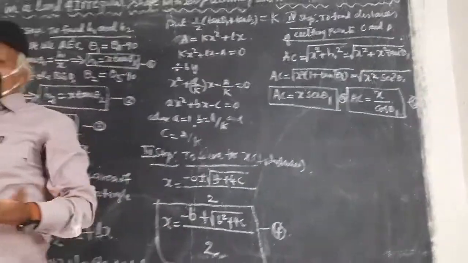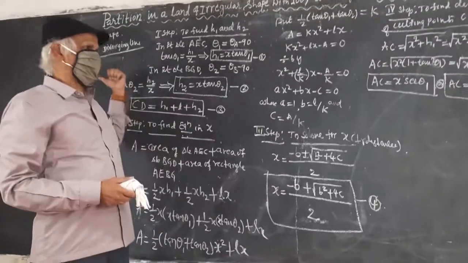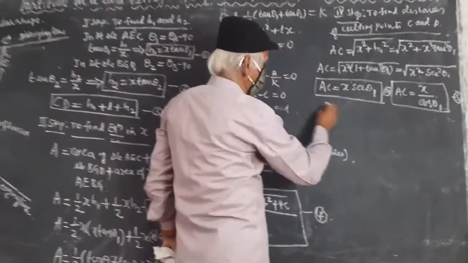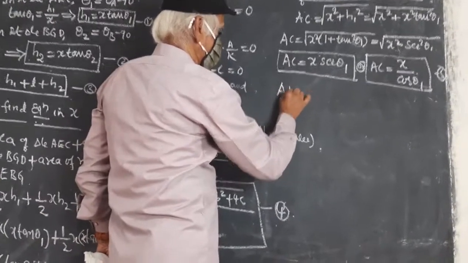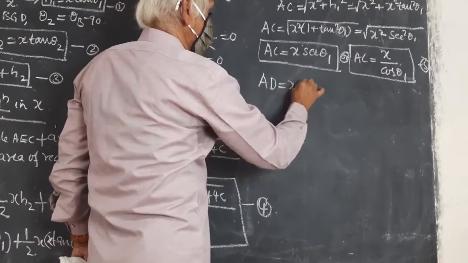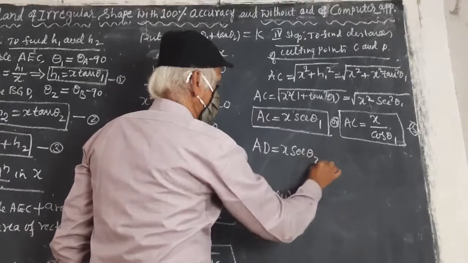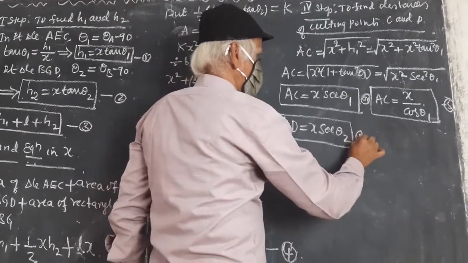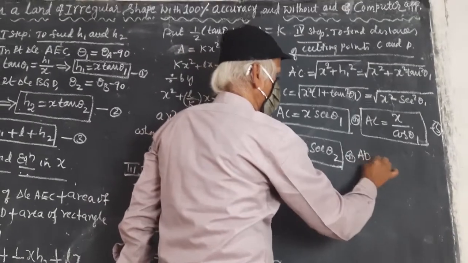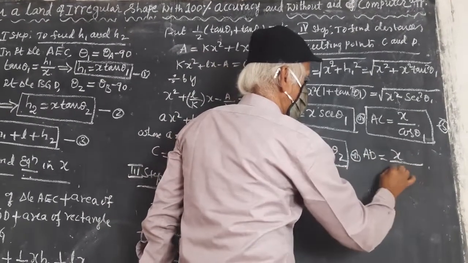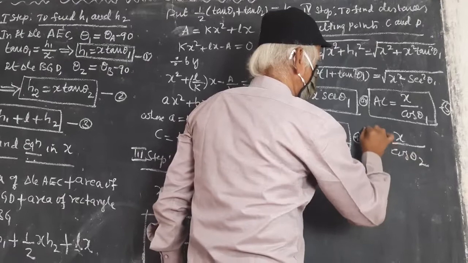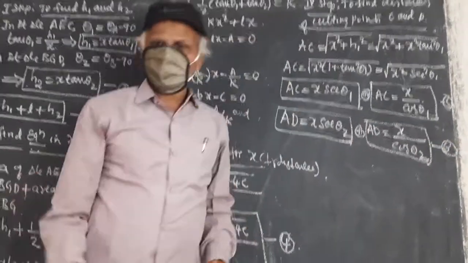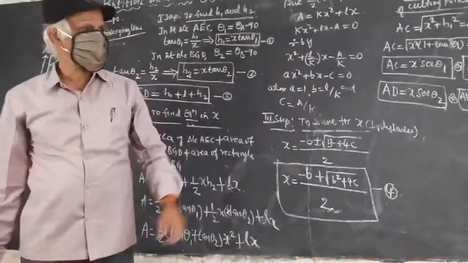On a similar line of argument, one can write directly for the distance of the cutting point in the lower triangle, that is AD is equal to X secant theta 2, or AD is equal to X by cos theta 2. Call this equation 6. So is it clear?